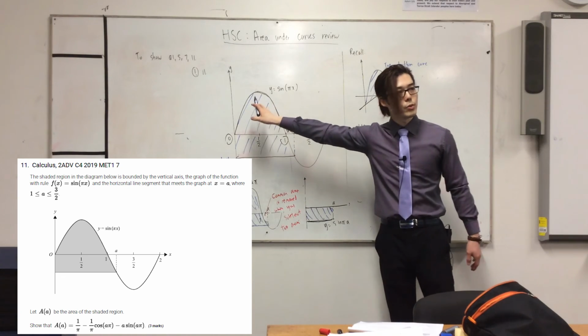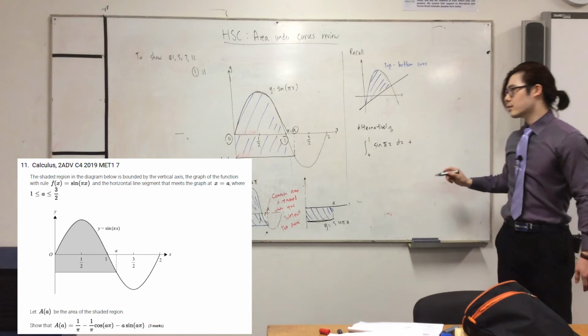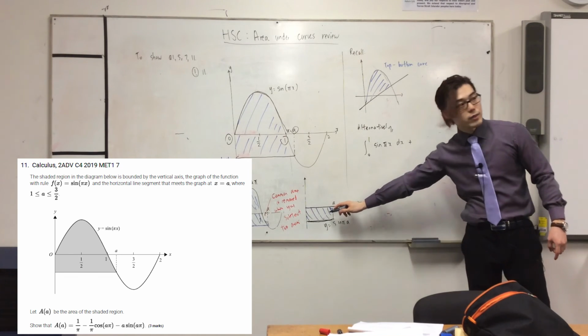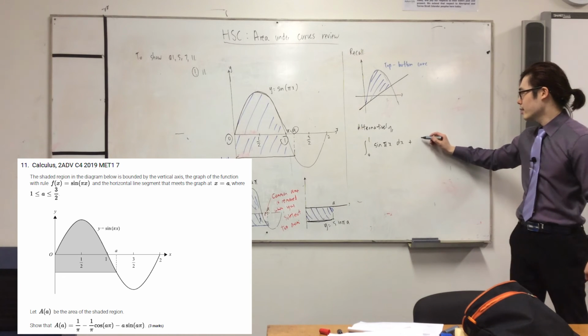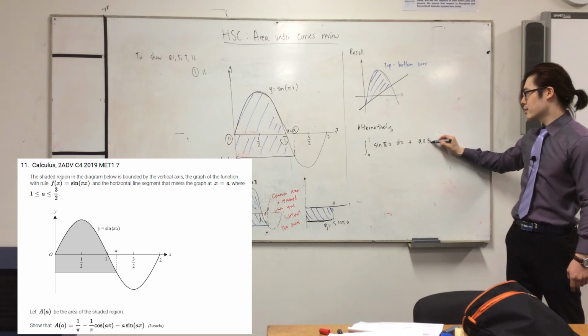That will give us the blue region. Yeah? And then plus, what you were saying is, find the area of the rectangle, which is just a times sine pi a.